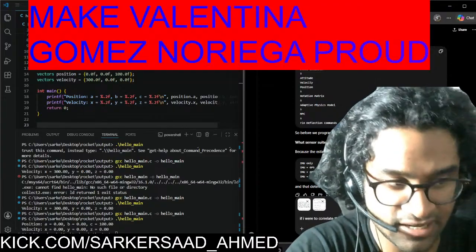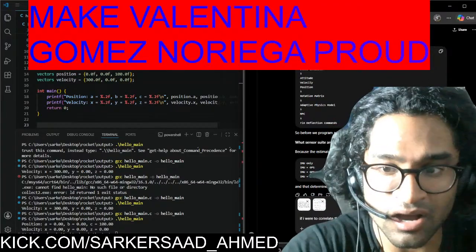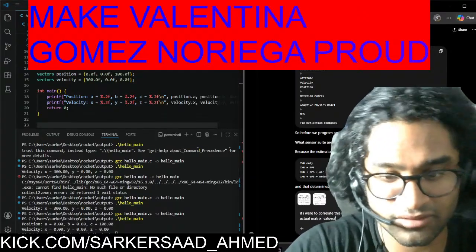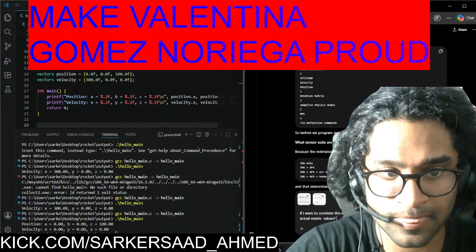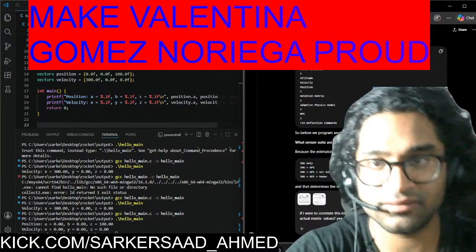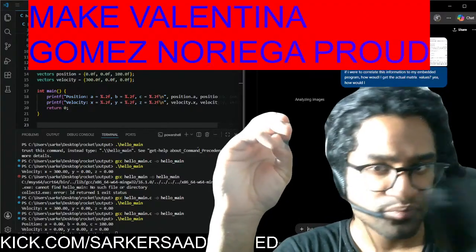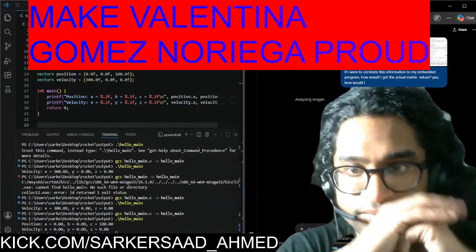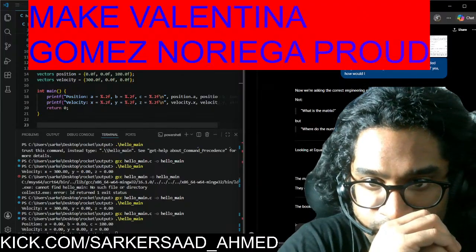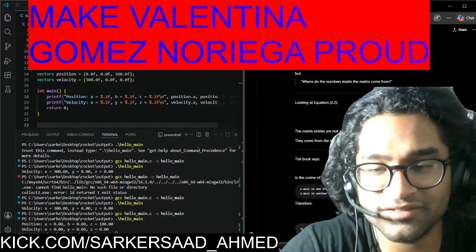How would I get the actual matrix values? The matrix, obviously they're not arbitrary numbers.